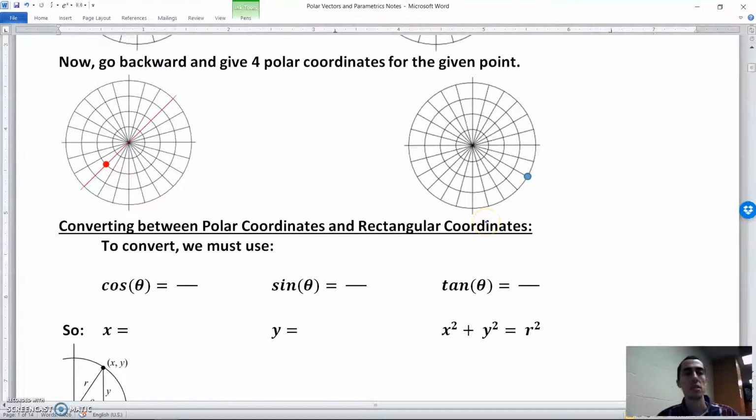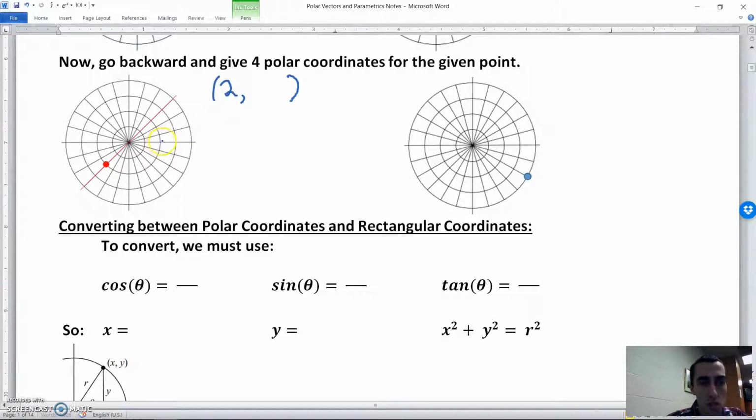You'll also be asked to take a point on the polar coordinate system and then write 4 different coordinates for that point. Alright, so looking at this red one here, we can see that it's 2 units away from the center. So we're going to have 2 units followed by a rotation.